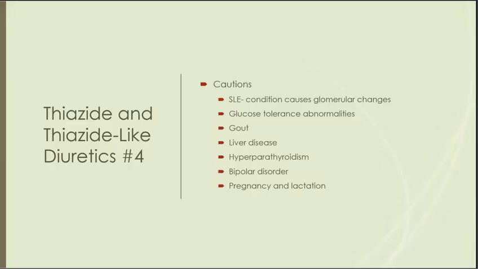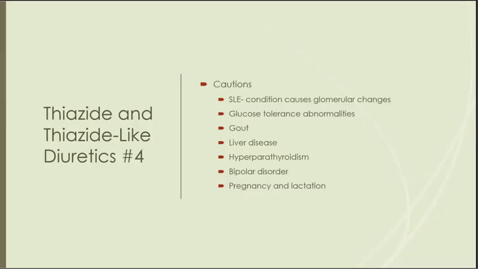Thiazide diuretics should be used with caution in certain patient populations because they can increase blood glucose. They may worsen diabetes or glucose intolerance. They also increase uric acid levels, which can trigger gout attacks. Patients with liver disease are at higher risk for electrolyte imbalances, and those with systemic lupus erythematosus, SLE, may experience worsening kidney involvement.